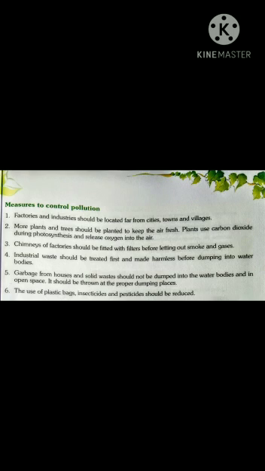Industrial waste should be treated first and made harmless before dumping into water bodies. Garbage from houses and solid waste should not be dumped into the water bodies and in the open space. It should be thrown at proper dumping places. The use of plastic bags, insecticides and pesticides should be reduced.